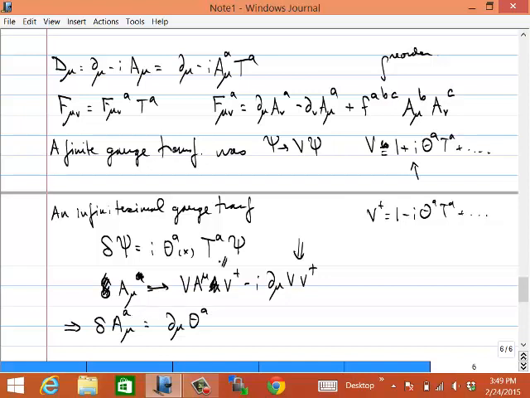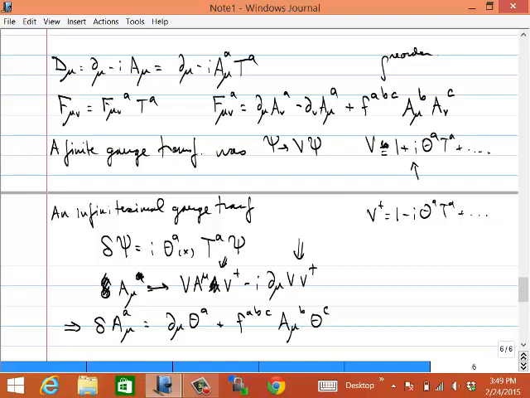And this first term expanded out gives you A mu plus the next term, the commutator of A with theta a T a. So that's going to be plus the structure constants coming from the commutator, f a b c A mu b theta c.